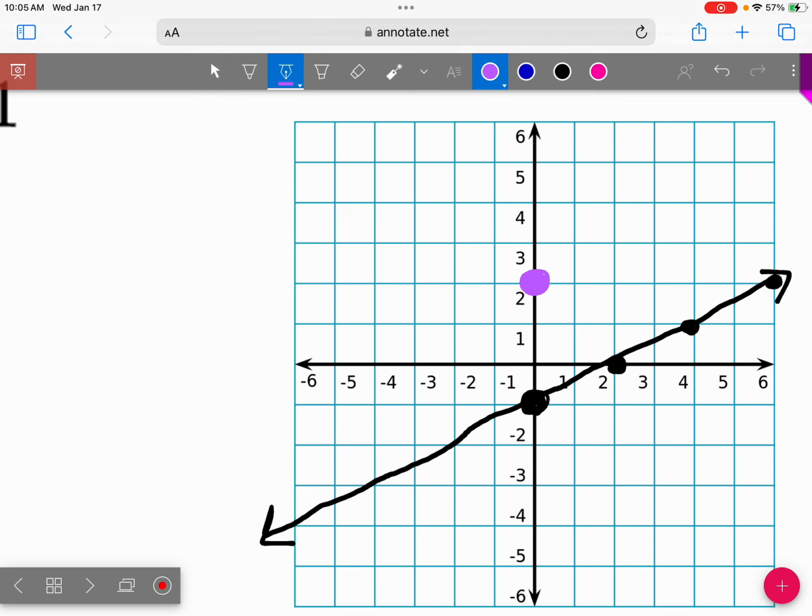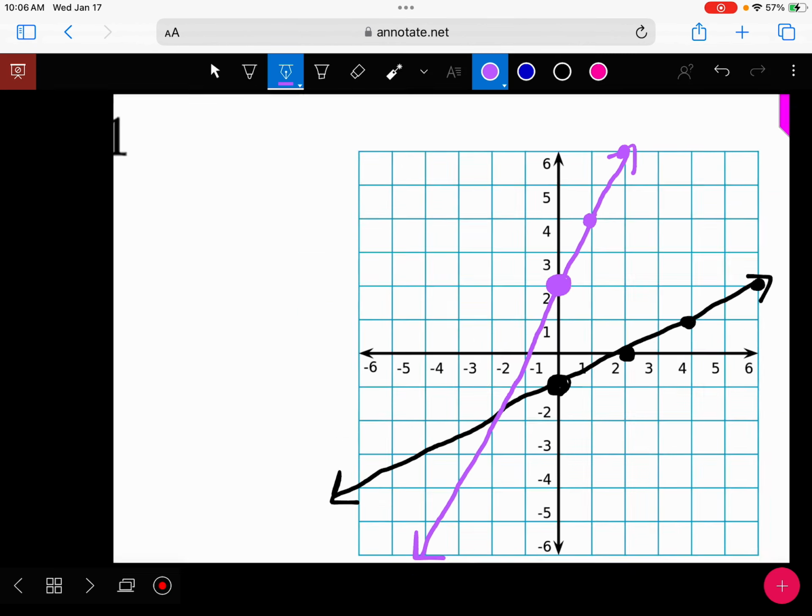Up 2, to the right 1. Up 2, right 1. Up 2, right 1. And again, you're going to use a ruler or some sort of straight edge.